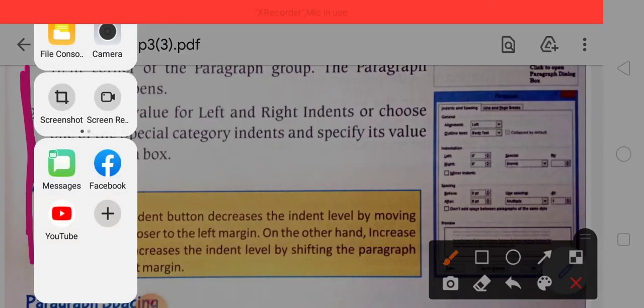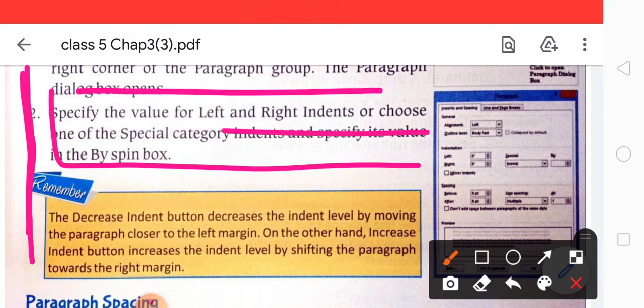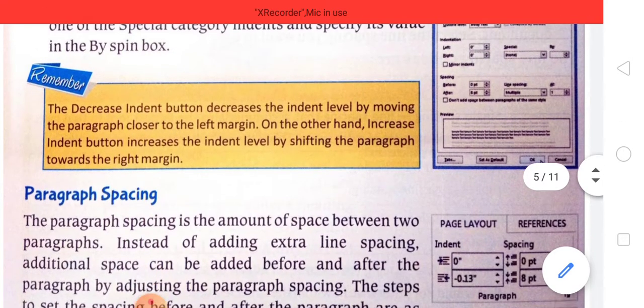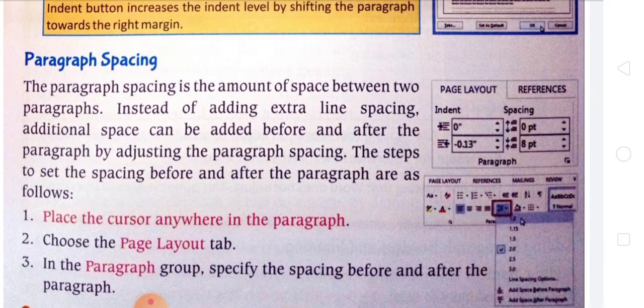And if you increase the indentation, then the indent level shifts the paragraph towards the right margin. So now this paragraph goes this way, to the right. Then the paragraph spacing. The paragraph spacing is the amount of space between two paragraphs.